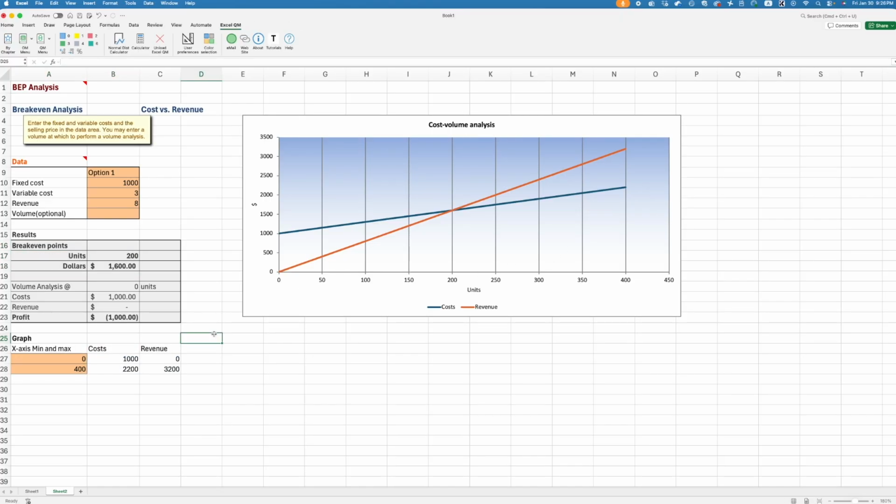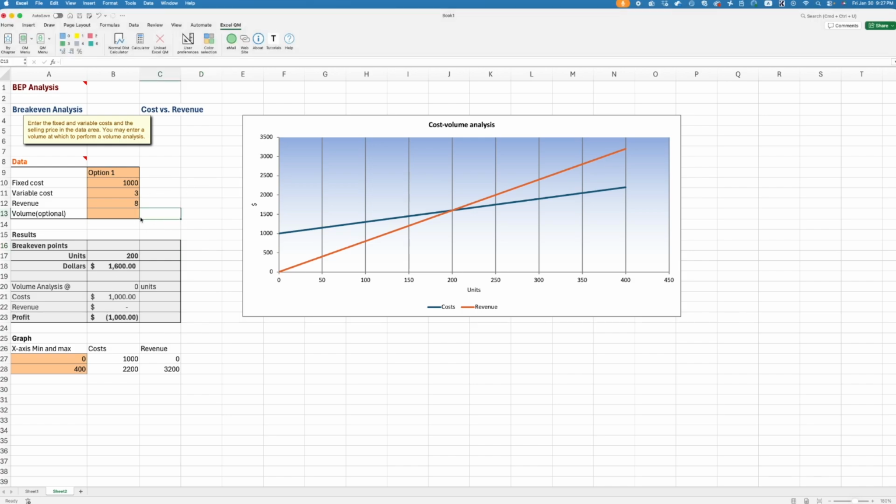Something we are also interested in is knowing the break-even point in terms of the price. So the idea is, if I can sell some amount of product, like 250 instead of 200, how much should I price them so that the revenue meets the cost? I can cover all the cost.